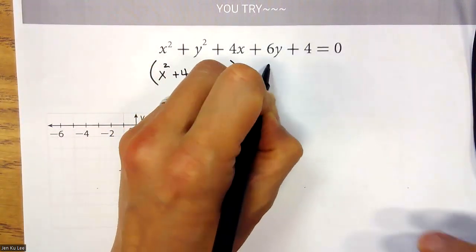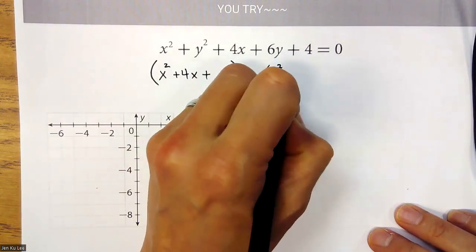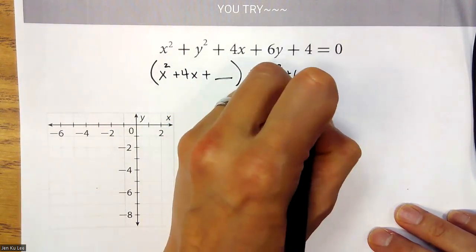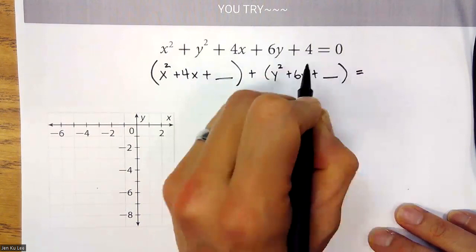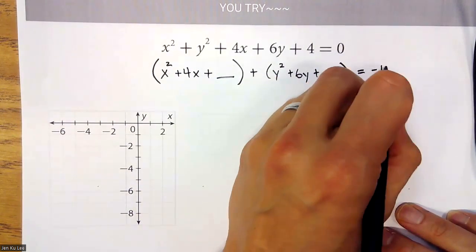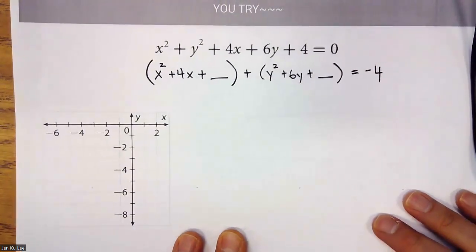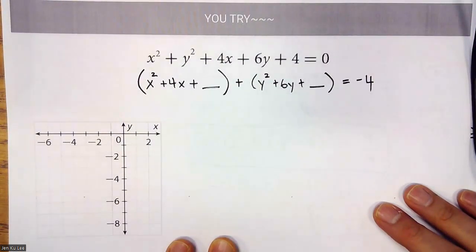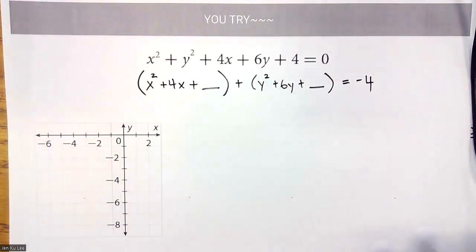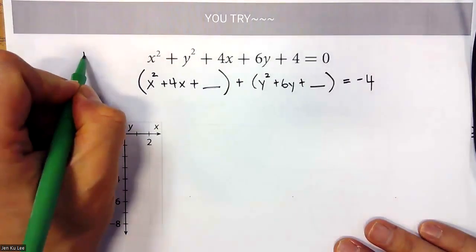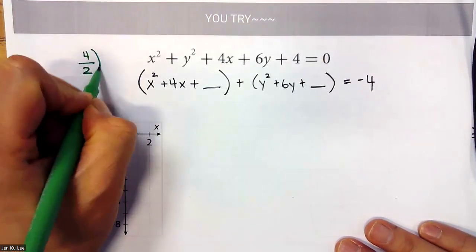Plus here, y squared plus 6y plus blank. I'm going to put that constant on the other side by just subtracting 4. Right? So I'm going to get the negative 4 or the positive 4, half it, and square it.